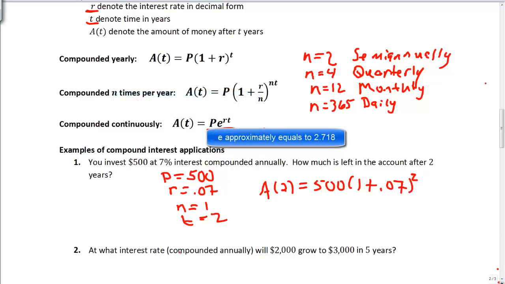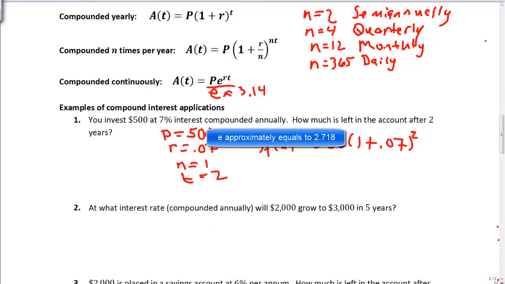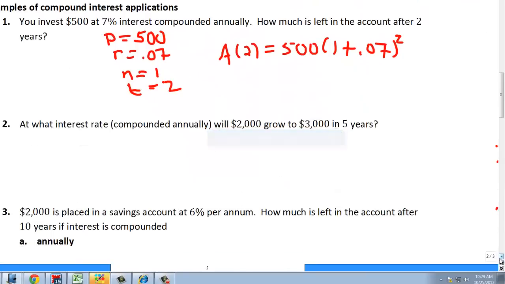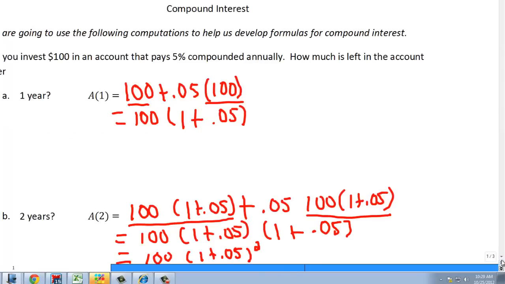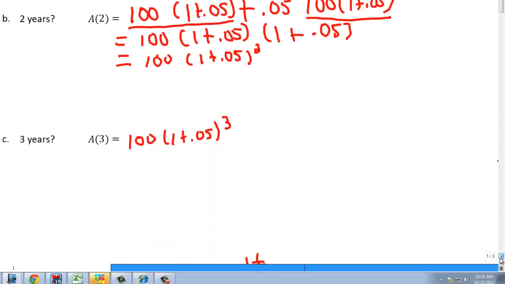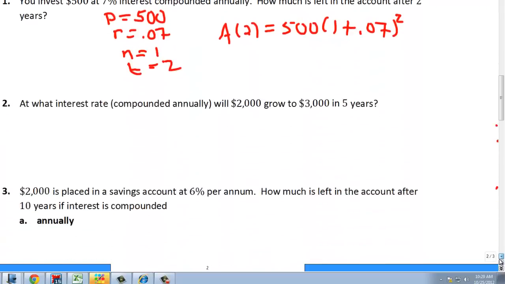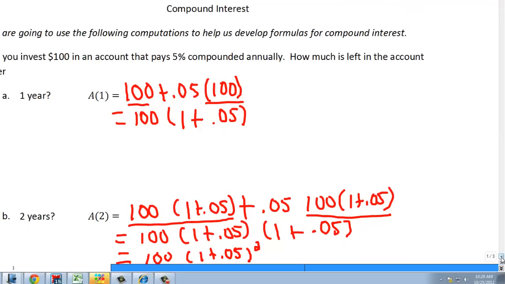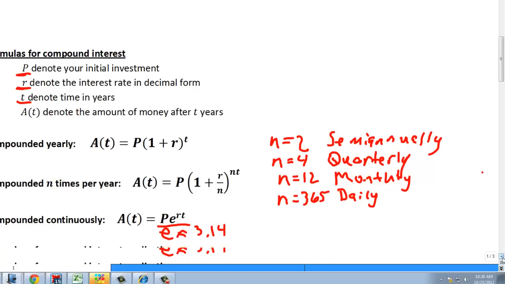This is also here compound annually. Notice the difference. Let me try one more time.